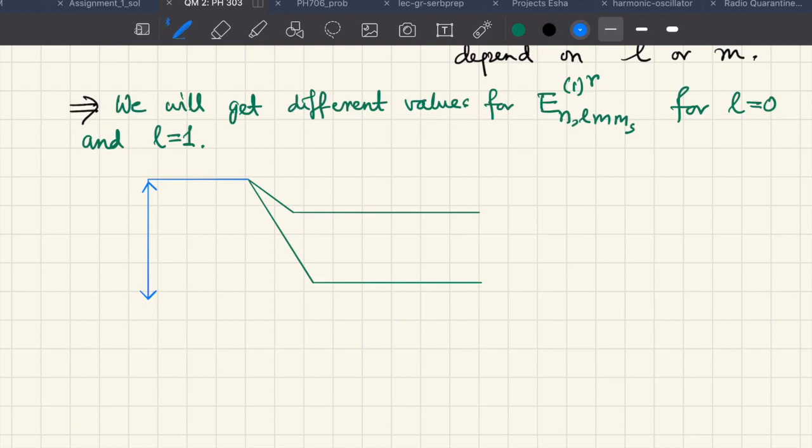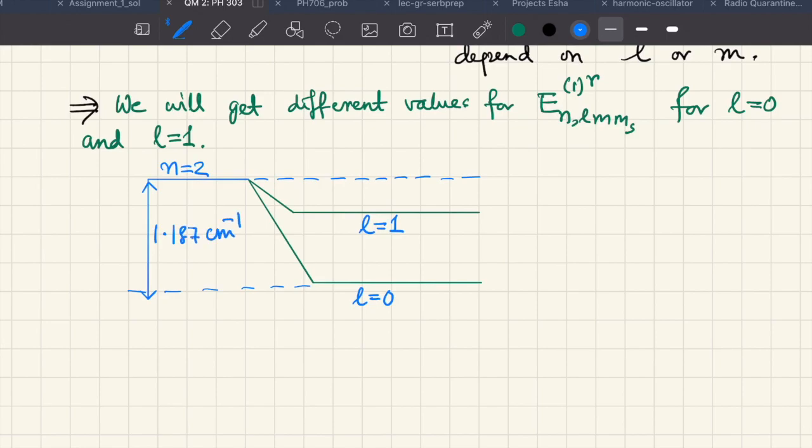Okay, so this is my n is equal to 2 level, and if we now look at the relativistic correction, we see that the n is equal to 2 level is now being split into 2, corresponding to L is equal to 1 value and L is equal to 0 value. So this is 1.187 centimeter inverse.